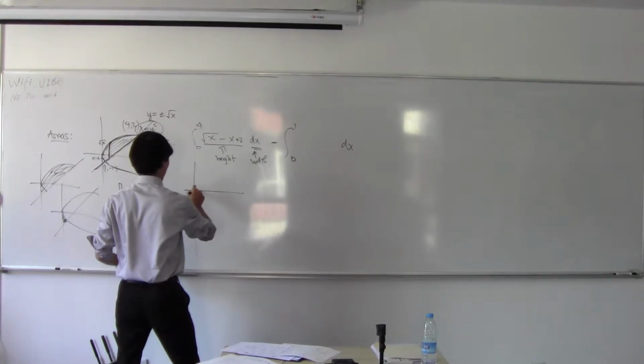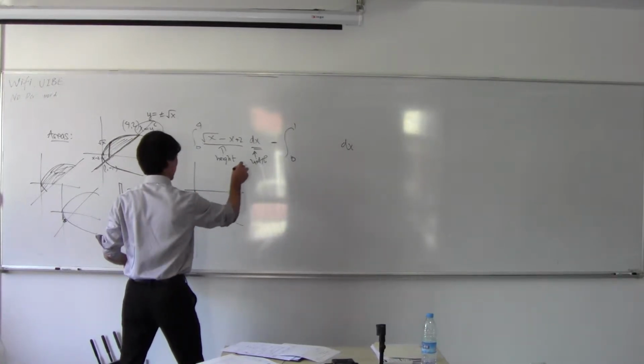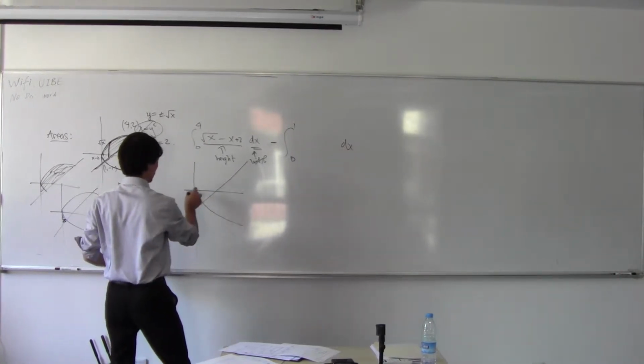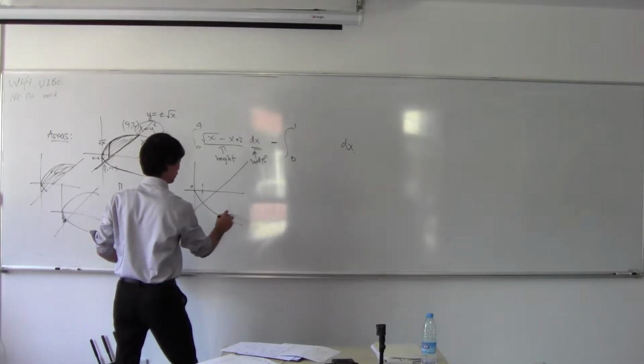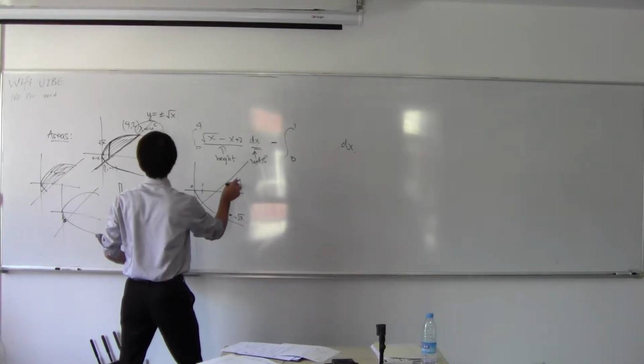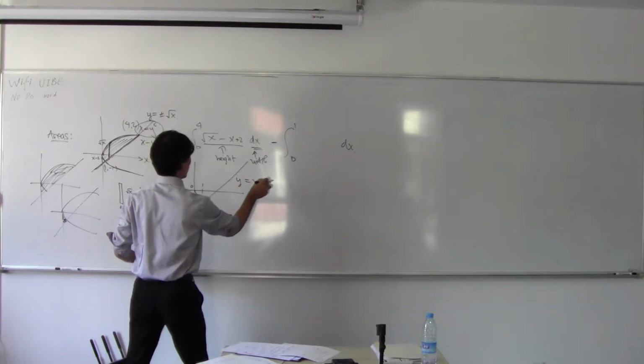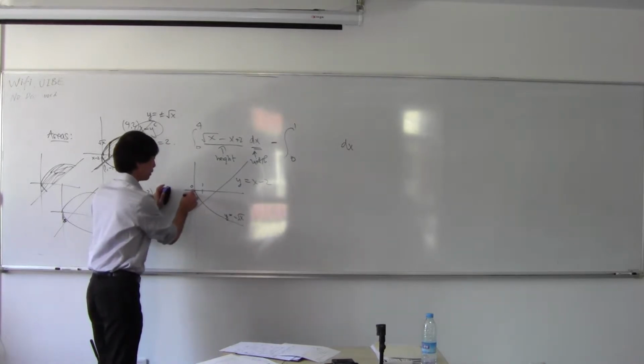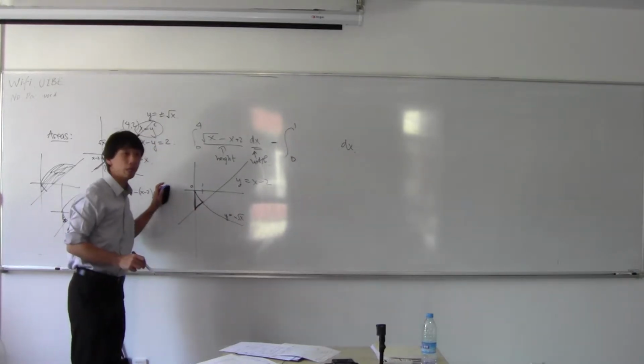Right here we have this line coming in, 0, 1. This curve is y equals negative root x. This line is y equals x minus 2. So how do you get this area is what we're asking right now.